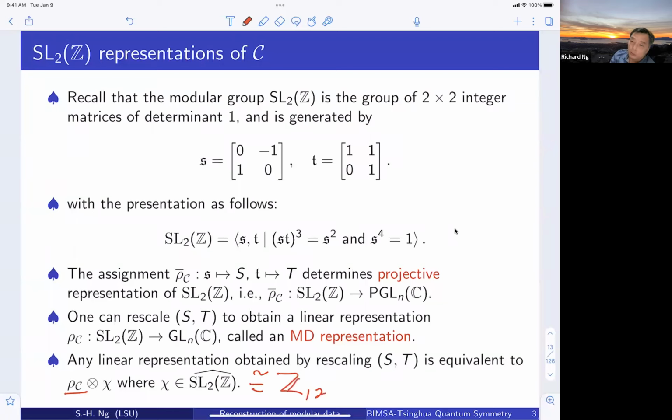So at most you have 12 inequivalent ones. It could be fewer, depending on whether the tensor is equivalent to itself. So bear in mind that the MD representation for a modular tensor category is not unique, but unique up to a tensor factor of a linear character. I usually call it projectively equivalent, because it differs just by a scalar. After this linear character, they are the same.